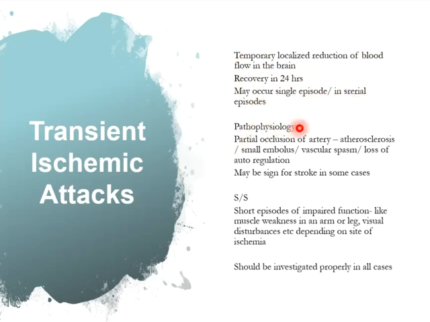The pathophysiology can be a partial occlusion of the artery due to atherosclerosis, or a small embolus, or a spasm of the vessel, or loss of autoregulation. Some cases may show the signs of a stroke.